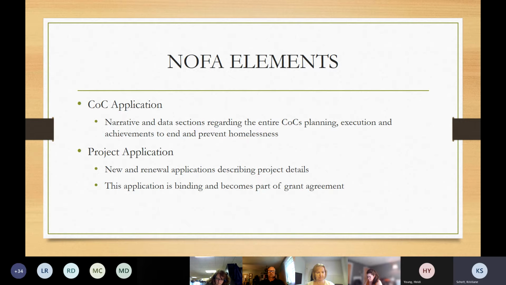The second part is project applications. So all project applications, whether they're new and have been approved by the ranking committee, or the renewal applications, must be submitted to HUD. This application is a binding document and is part of the grant agreement.